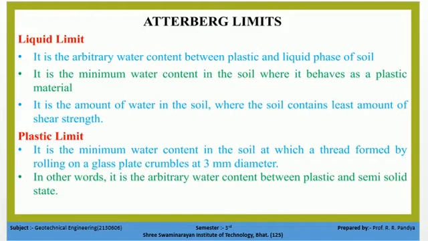If it breaks at 3 mm diameter, then we take that soil sample and put it into the oven to dry. In other words, it is the arbitrary water content between the plastic and semi-solid state.